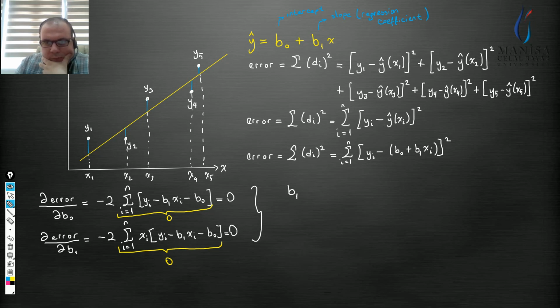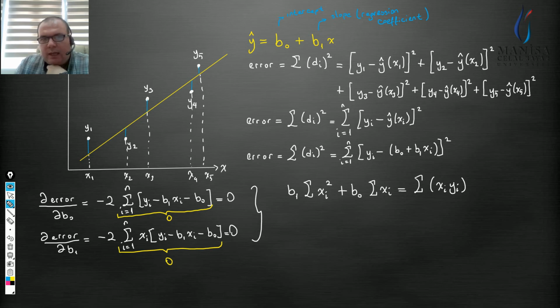b1 times the sum of xi squares plus b0 times the sum of xi's equals the sum of xi times yi, and we have these sums starting from i equals 1 to lowercase n, and I'm not writing these details anymore.